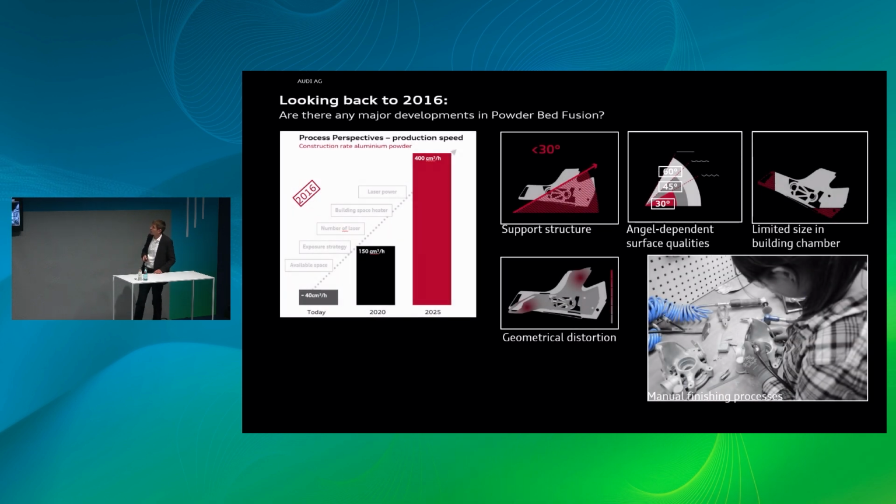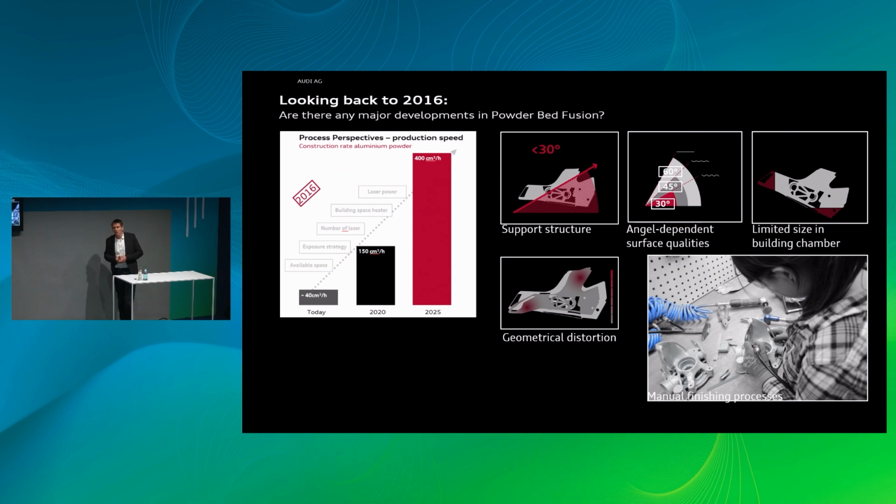Coming back to 2016, what I presented there was the approach to enhance the build-up rates of the machines. We said there are some boundary conditions, but we will handle this and develop the processes, and that 500 cubic centimeters per hour could be happening in 2025, 2028, something around that.